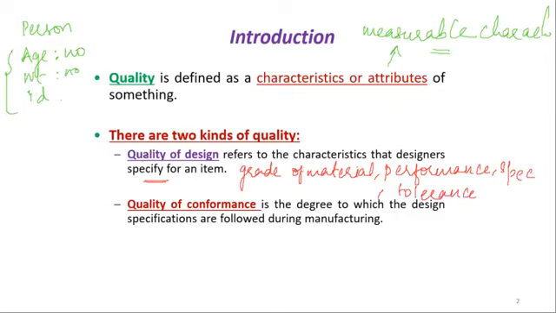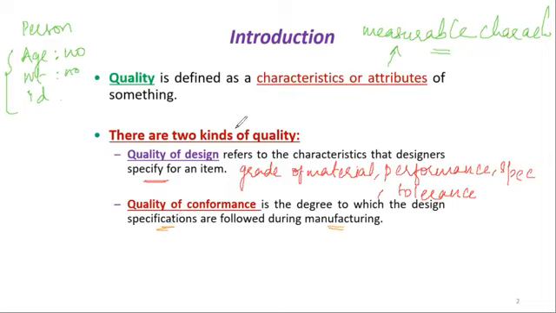Then the next one is the quality of conformance. Now this quality of conformance is the degree to which the design specifications are followed during manufacturing. That is, what are the specifications that you're following while you're producing that particular software. Within the quality of conformance, the greater the degree of conformance, the higher the level of quality of conformance.